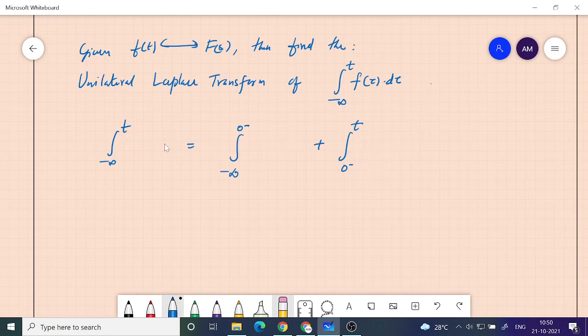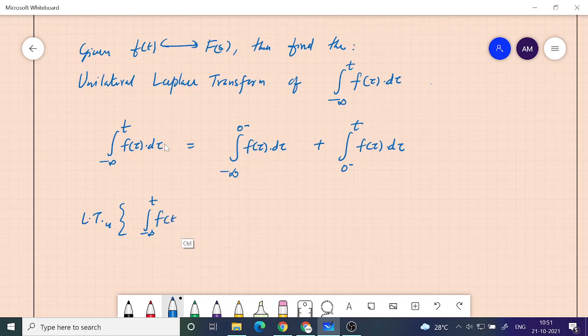I can put t also, but just to not confuse t and tau, let us just separate. So that is it.